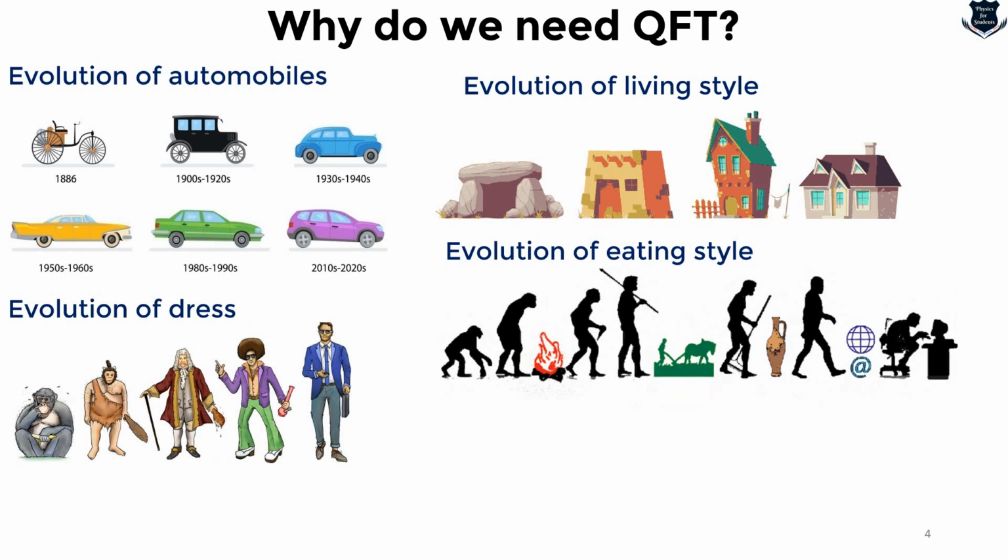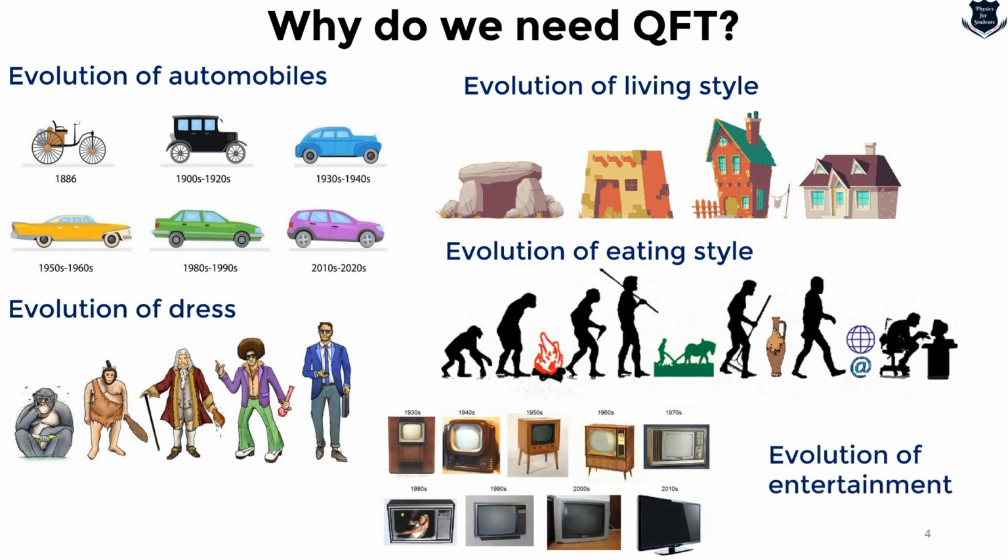The eating style that we have today at fine dine restaurants also evolved, because the eating style was not the same during our early ages. The entertainment, the smart television that we have today: if you look at the 1930s and 1970s, the televisions were quite huge, quite big in size.